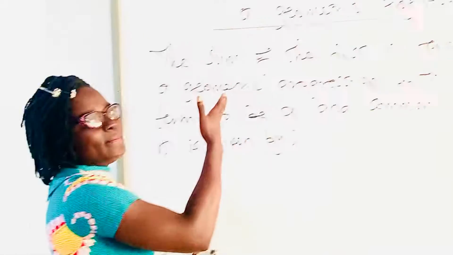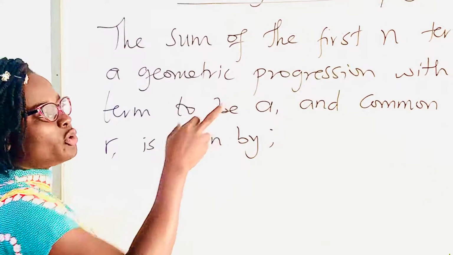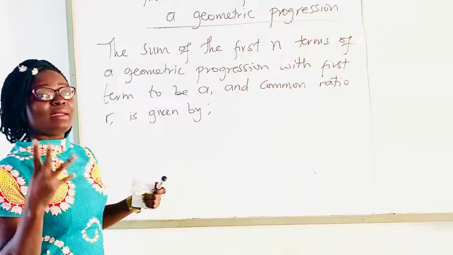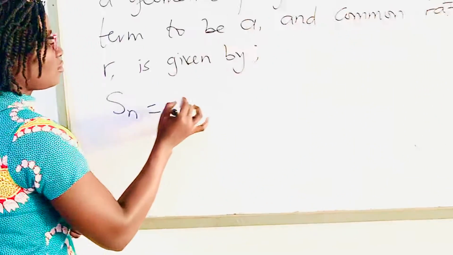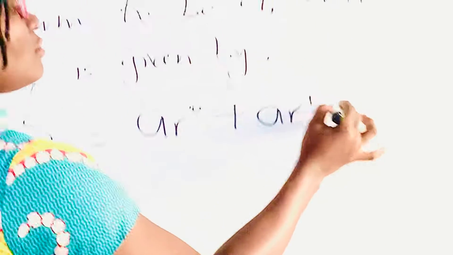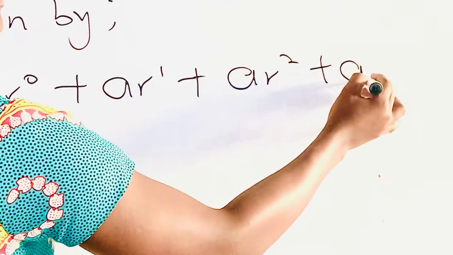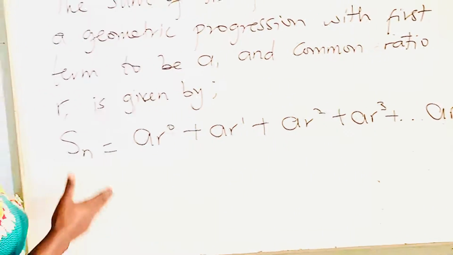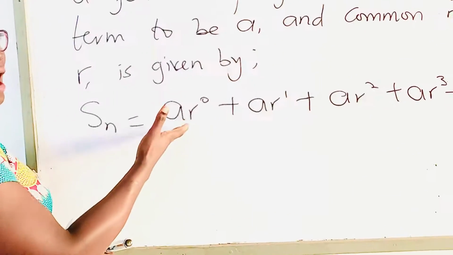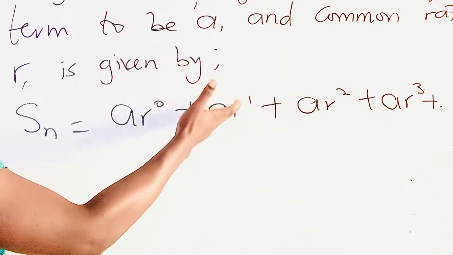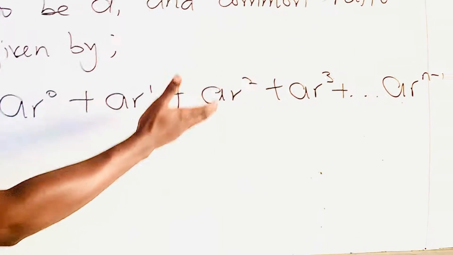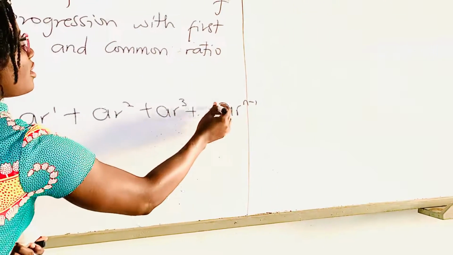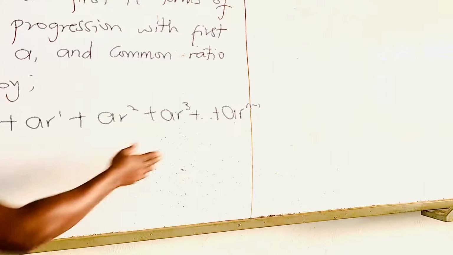Okay, so the sum of the first n terms of a geometric progression with the first term a1 and common ratio r is given by Sn equals ar exponent 0 plus ar exponent 1 plus ar exponent 2 plus ar exponent 3 as it goes, plus ar exponent n minus 1.